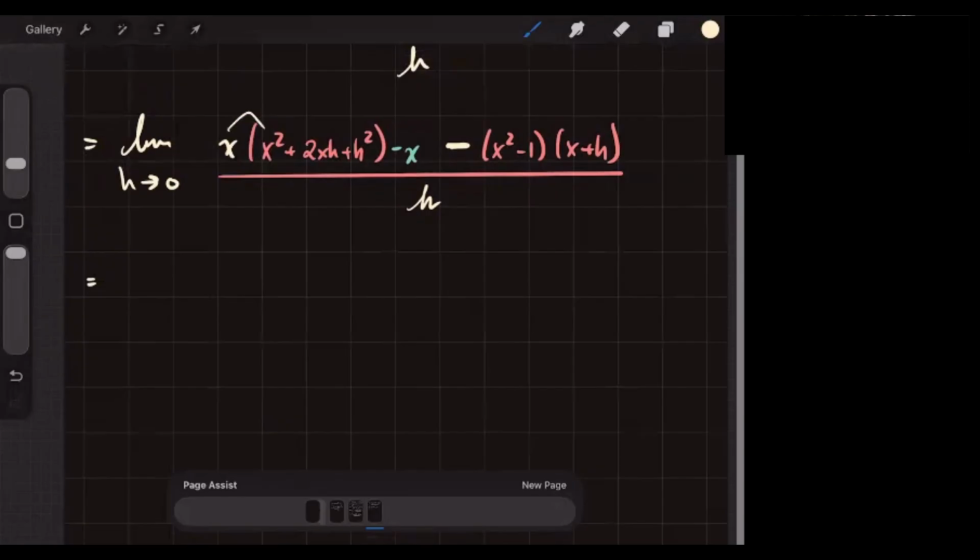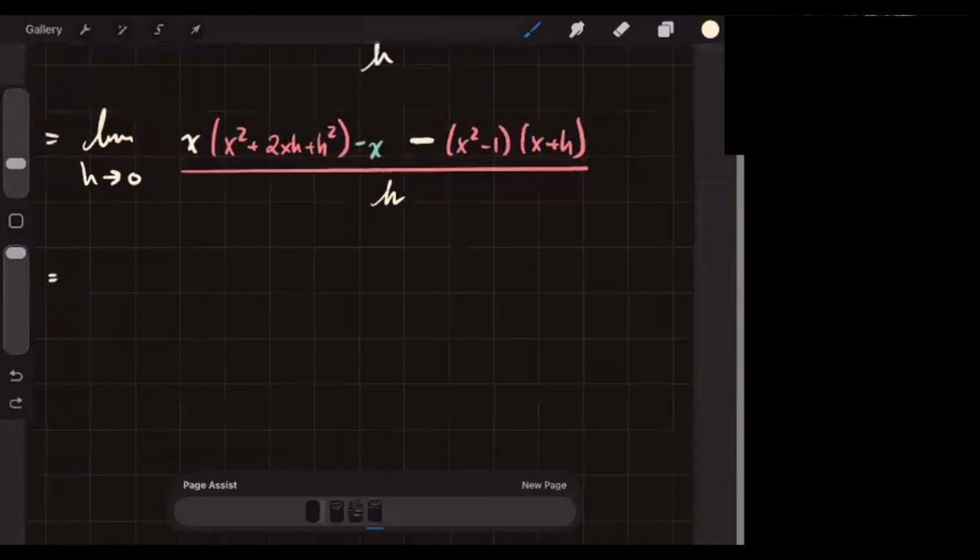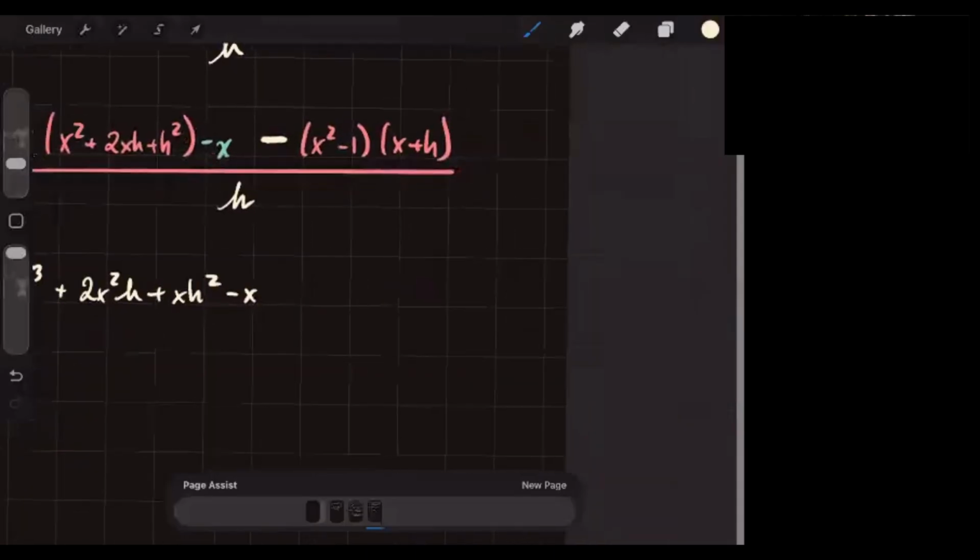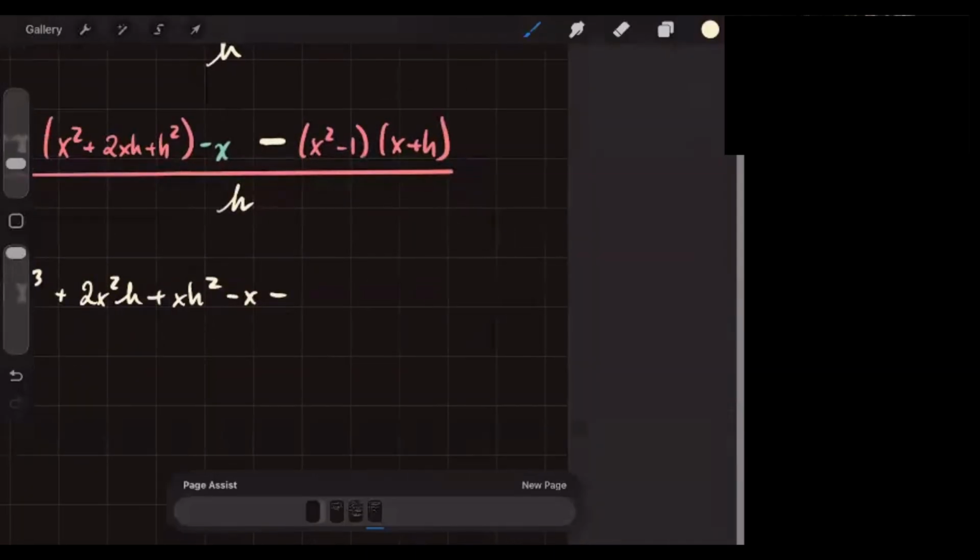And then I'm going to distribute this, right? And that's going to give the limit as h approaches 0 of x cubed plus 2x squared h plus xh squared minus x, minus the whole thing in parentheses, x cubed plus x squared h minus x minus h.